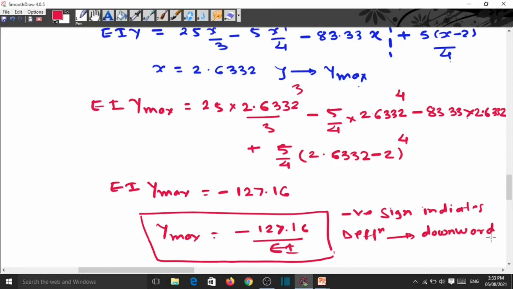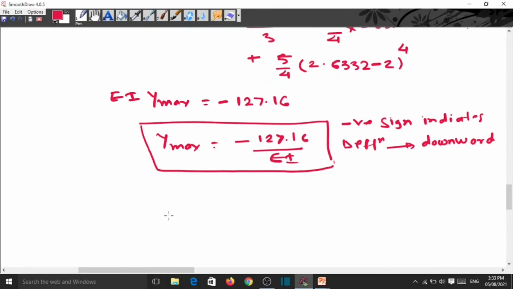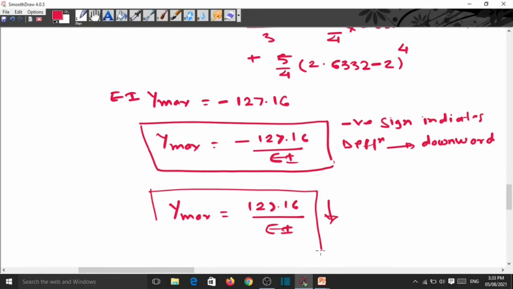So we can write this equation, y max equal to 127.16 divided by EI, downward. So this is the final result. In this way we got the slope and deflection both when the beam is subjected to a partial UDL. Thank you.